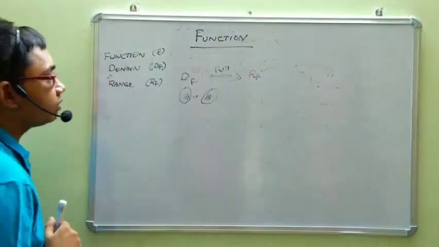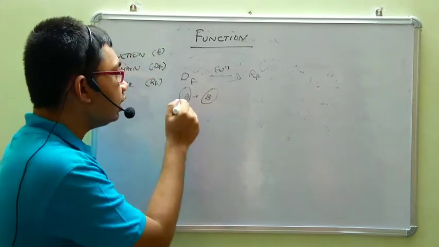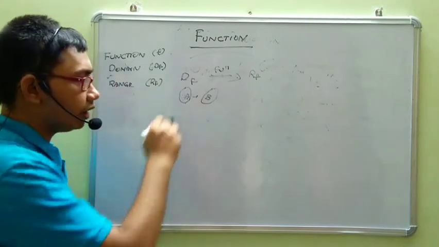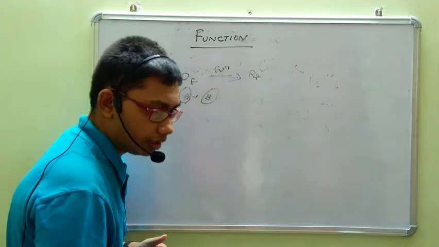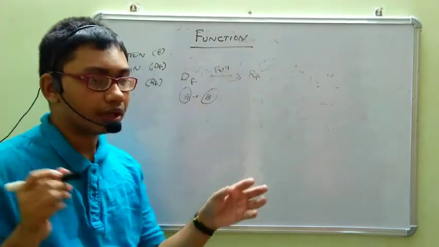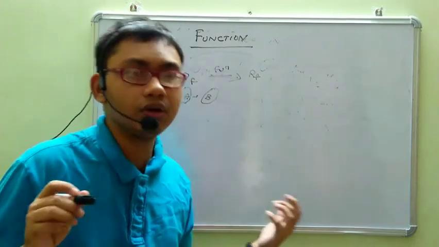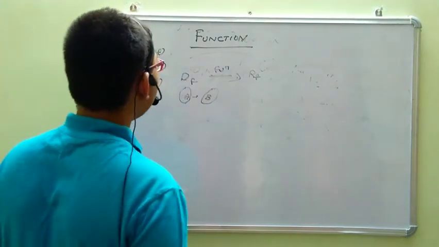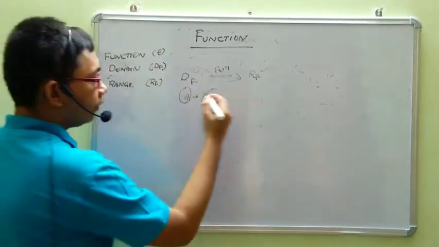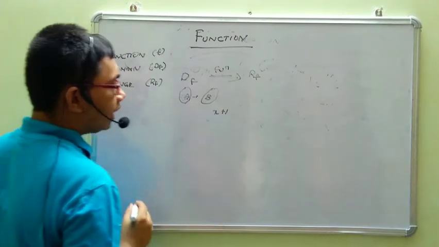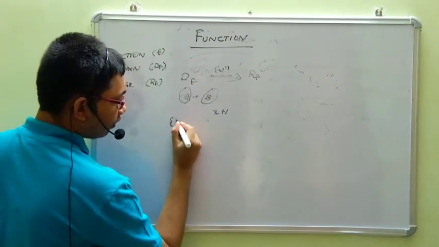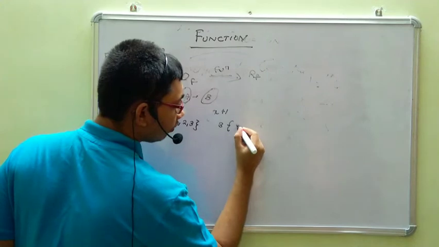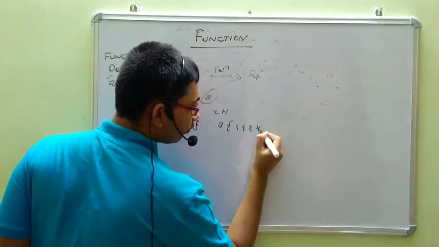I will define some more concepts. You will understand it better. This initial input is called the pre-image. The input we call the pre-image, and upon performing the function on this input, when we get the output, that output is called the image of this input on this function or on this set B. Now let us take a function f of x equals x plus 1, and let us say A contains the set 1, 2, 3, and B can be the set 1, 2, 3, 4, 5.